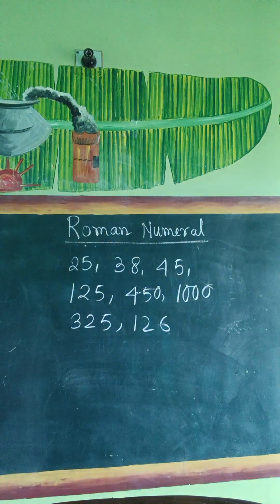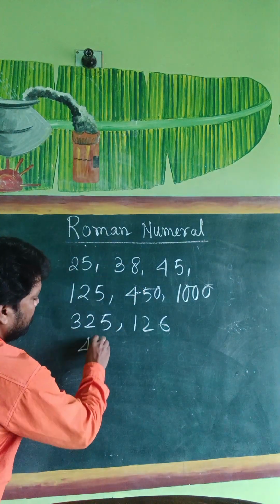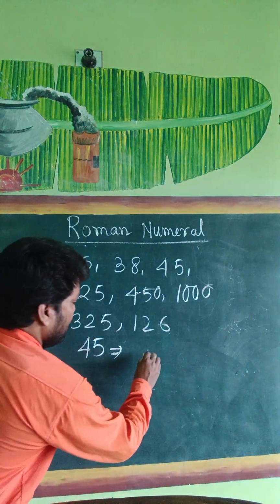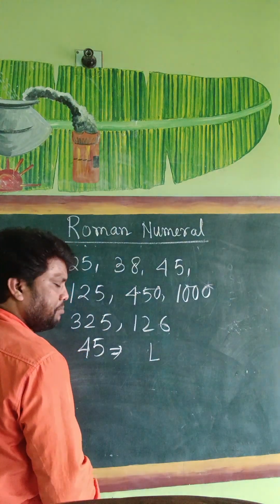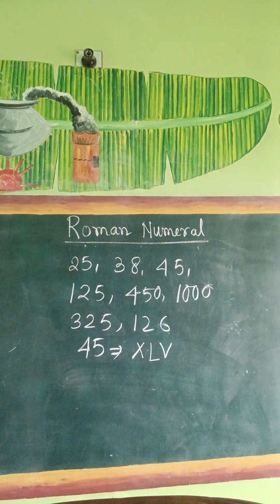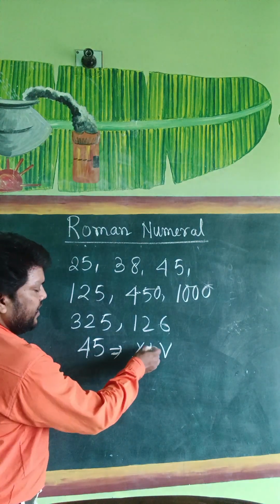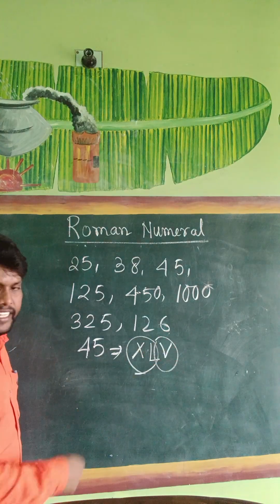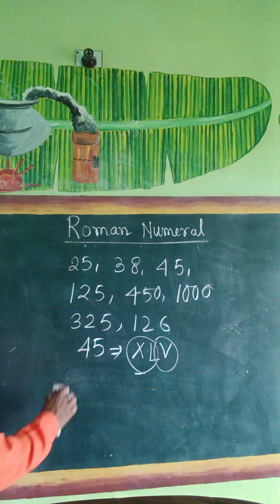Next 45. At first you have learned how to write 40: XL is 50 minus 10. 40 is written XL and 5 will be added, so it is written on the right side.